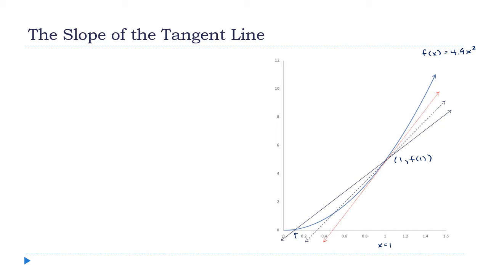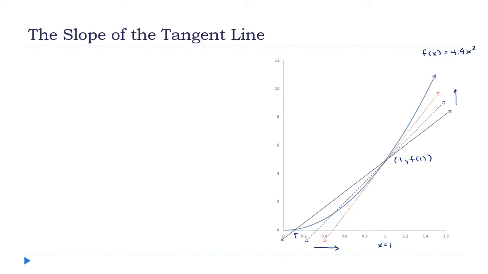And as this point gets closer to 1, these secant lines get closer and closer to the tangent line, which means their slopes get closer and closer. Remember, this whole idea of getting really close to is what our limit lets us talk about.